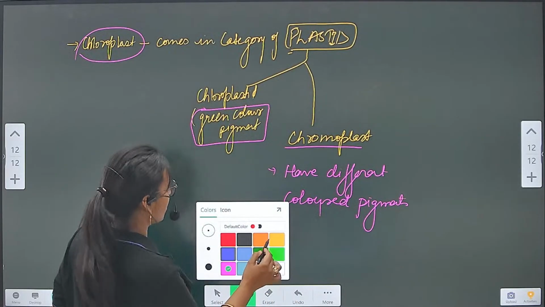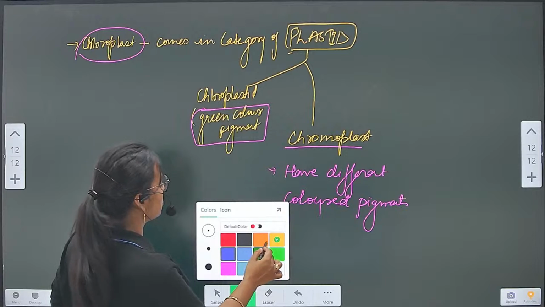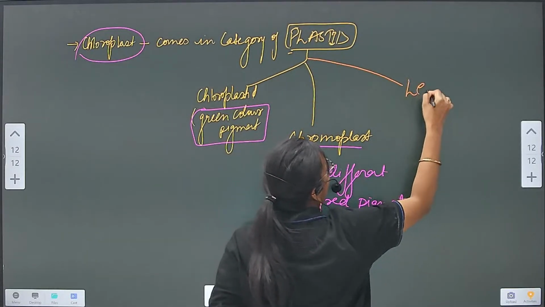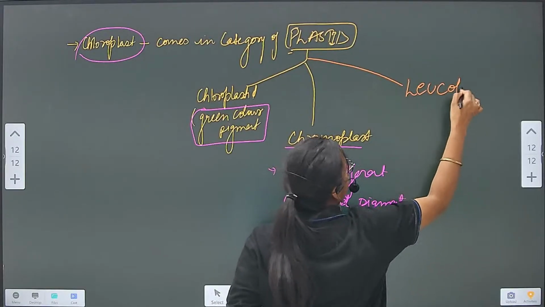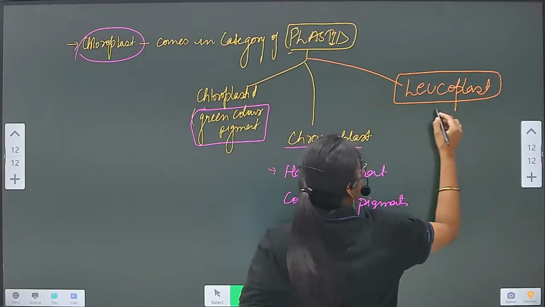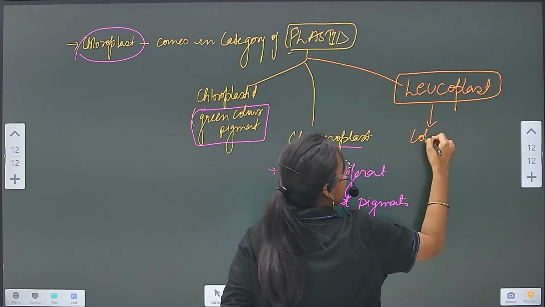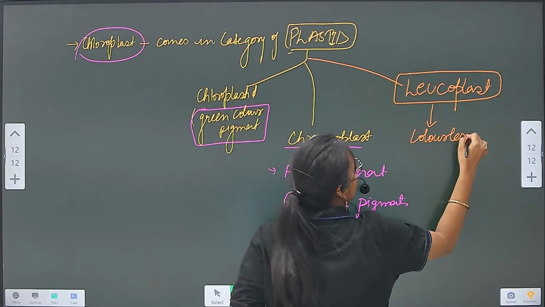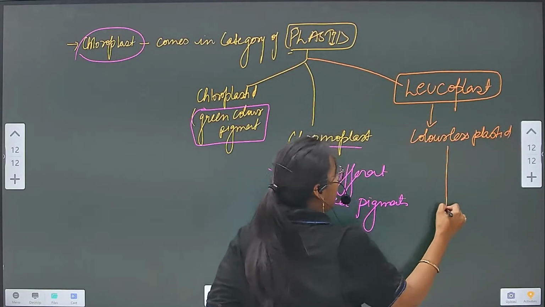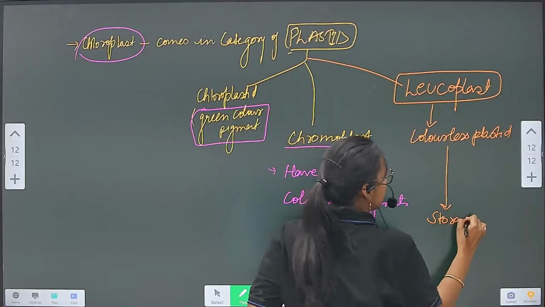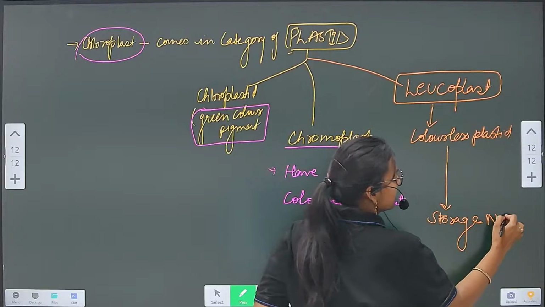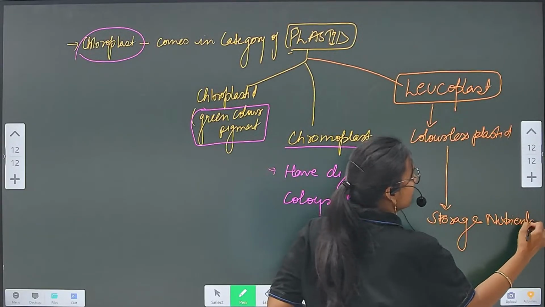But the most important type of plastid that we need to know here is the leucoplast. Very, very important. Leucoplasts are the colorless plastids. These do not have any pigment. These are colorless plastids which are meant for storage of nutrients.